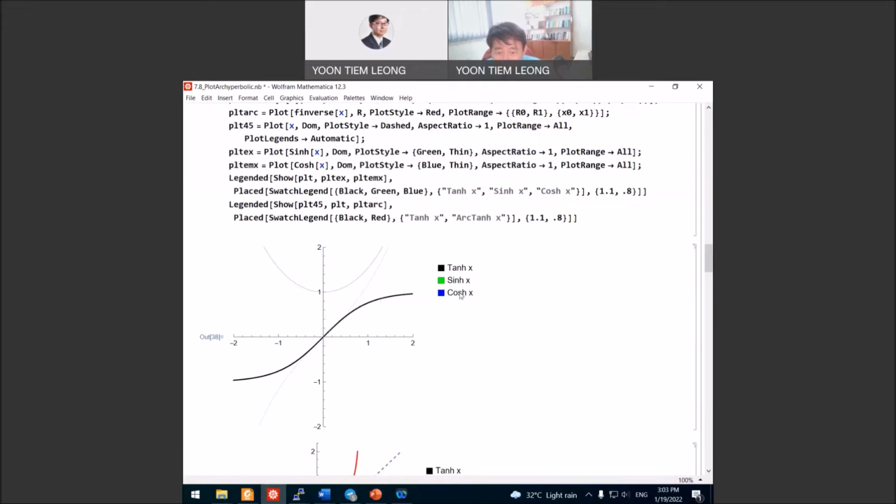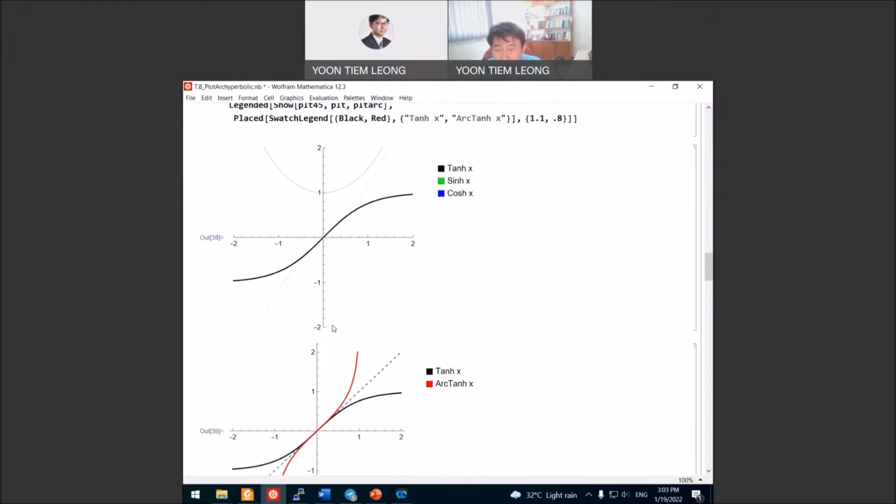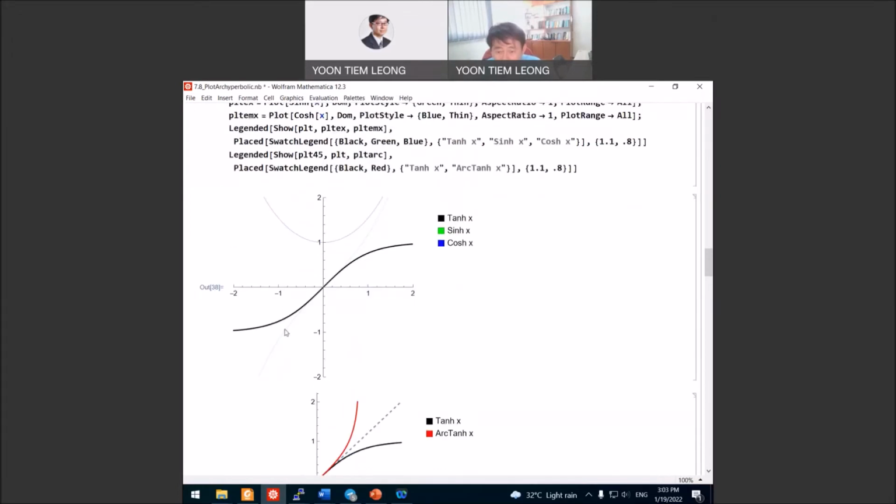The hyperbolic tangent, as I mentioned here, has its range limited to between -1 and 1, but 1 and -1 at the endpoints are not included. So this is the range of the hyperbolic tangent. In order to obtain the inverse of the hyperbolic tangent, what you need to do is to choose the domain such that the hyperbolic tangent is 1-to-1. And it's obvious that the hyperbolic tangent function is 1-to-1 for all the domain of x.